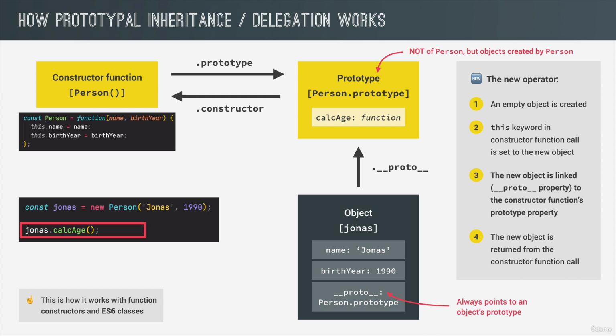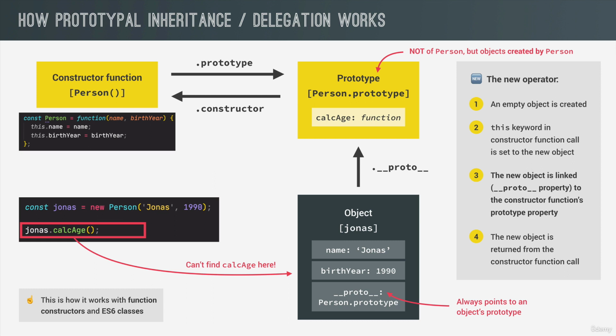So here we are attempting to call the calcAge function on the jonas object. However, JavaScript can actually not find the calcAge function directly in the jonas object, right? It is simply not there. And we already observed this behavior in the last lecture. Remember that? So what happens now in this situation?